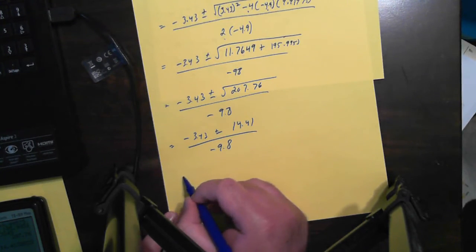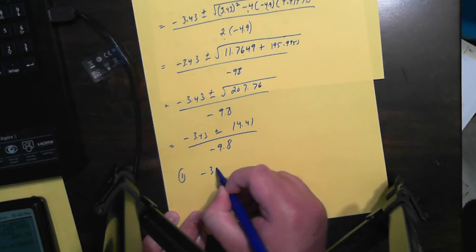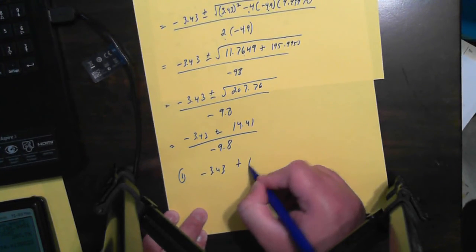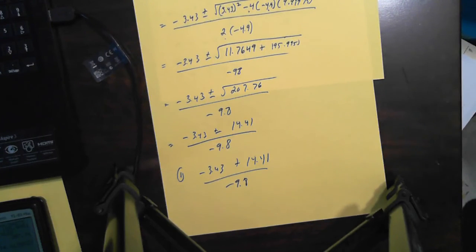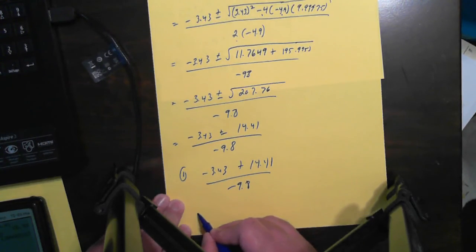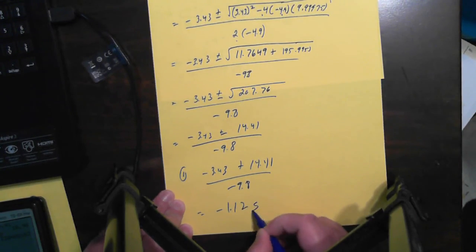So I've got two answers here. The first one is negative 3.43 plus 14.41 divided by negative 9.8, which gives me negative 1.12.